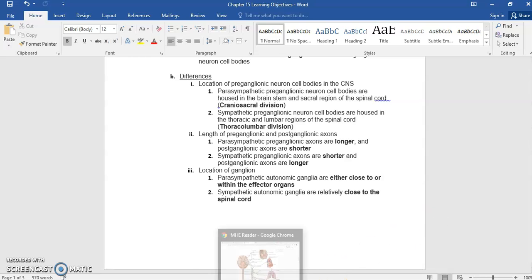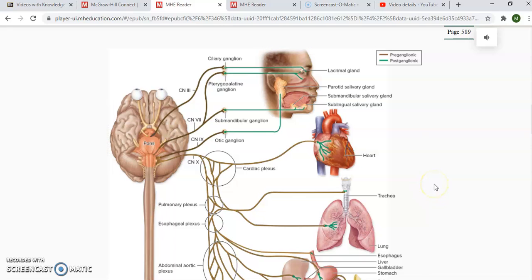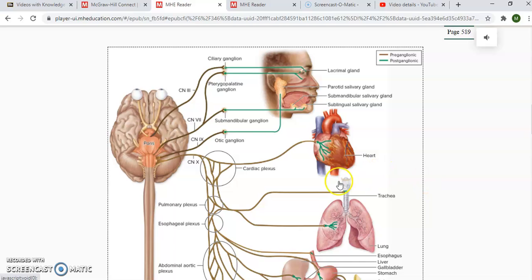So in our pictures, this is the picture for the parasympathetic system. Remember, they colored them brown, these motor neurons are called the preganglionic motor neurons. So you can look here and see where they're originating. From the CNS, we have our brain here and our spinal cord.